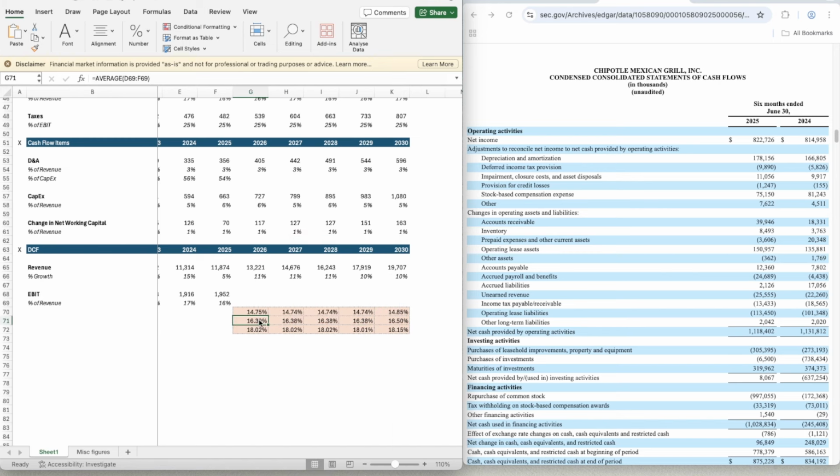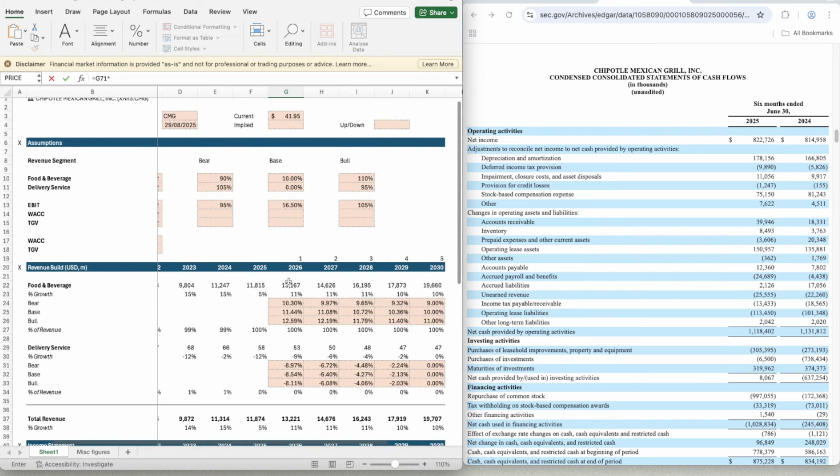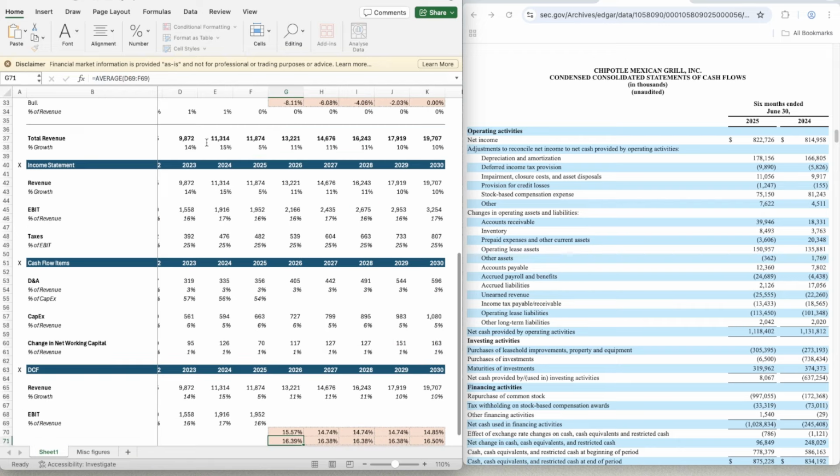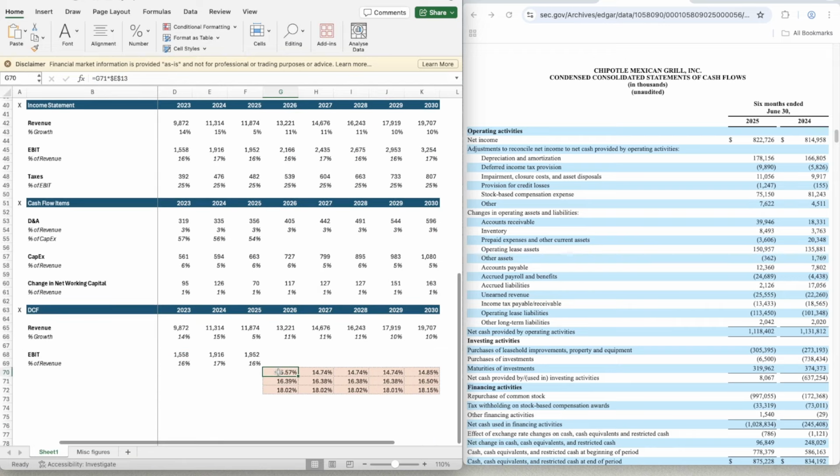So, I mean, equals multiplied by E13. And this one will be multiplied by I13.